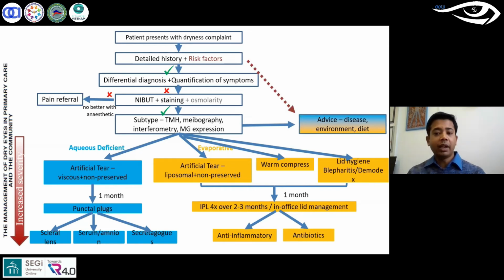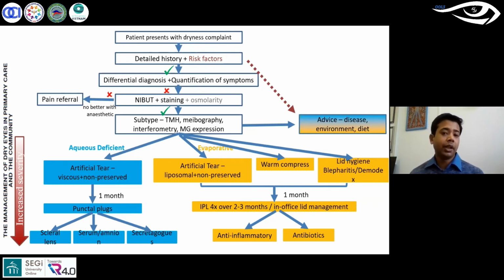At the top we also have advice on disease, environment, and diet. These are modifications you do at the top when you take history and risk factors. You have the subtype, what type of dry eye disease it is, and advise on disease, environment, and diet. So with this, our biomarker sits right at the center, where we are trying to differentiate aqueous deficient or evaporative type, but biomarkers can also sit easily at the detailed history and risk factors and continue to help diagnose.